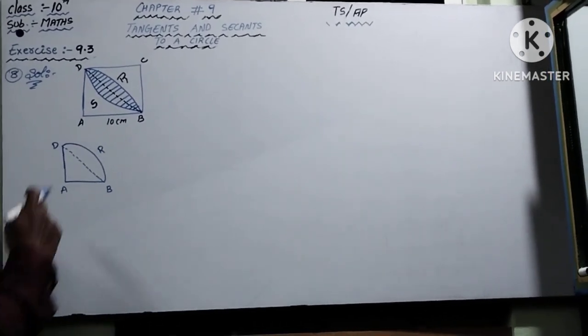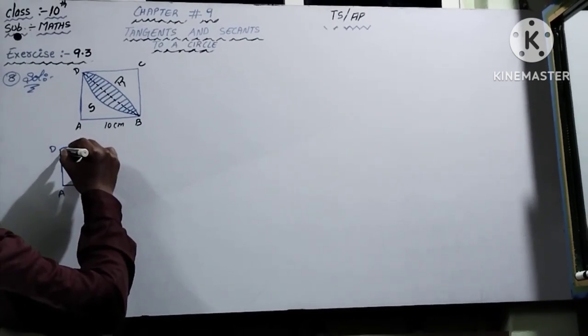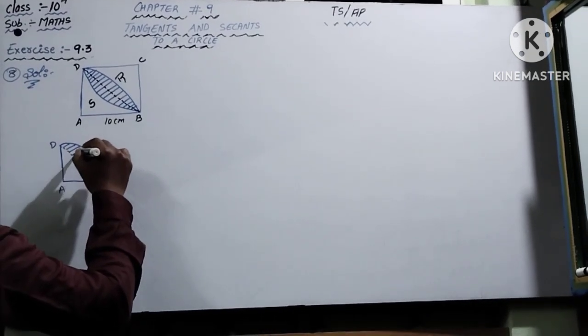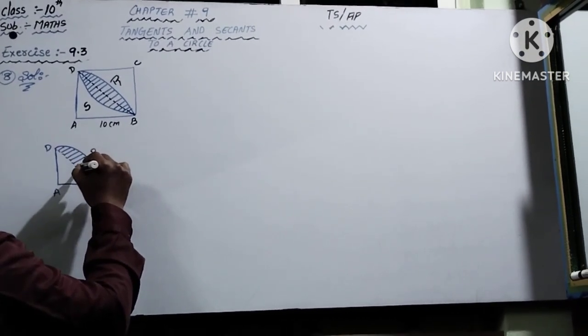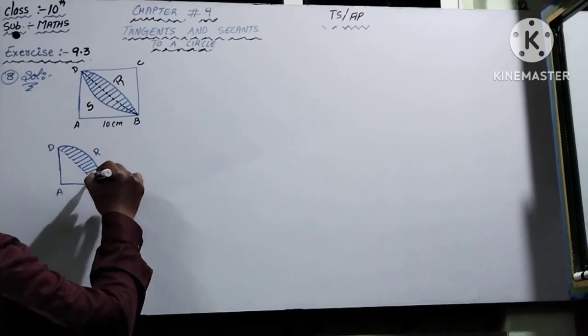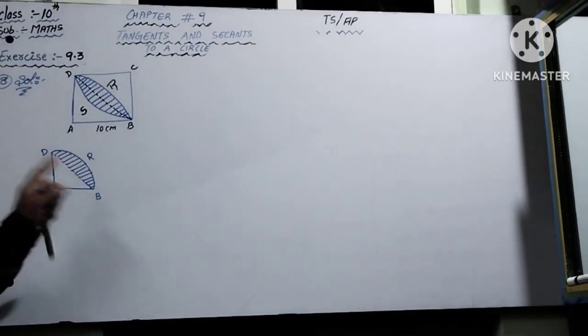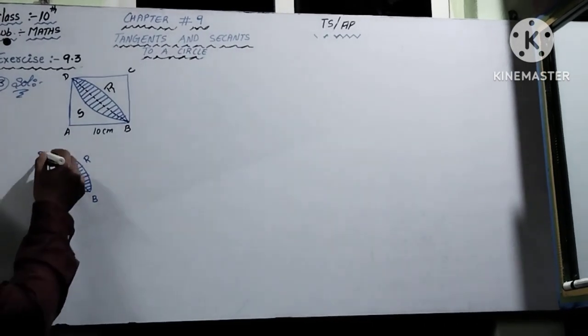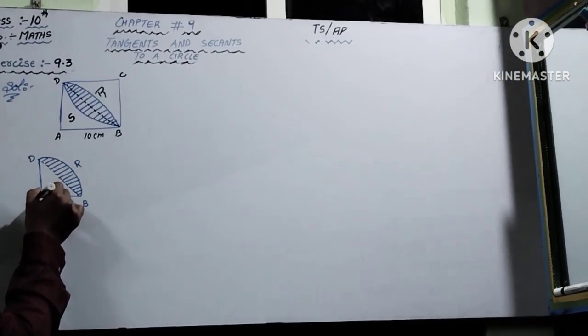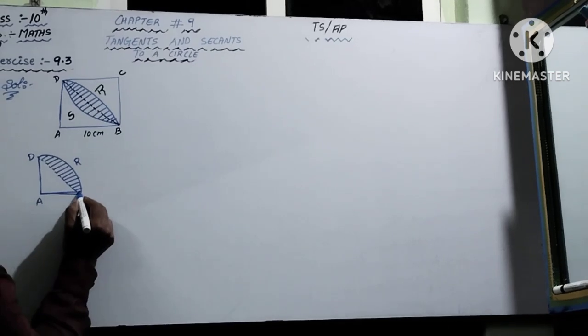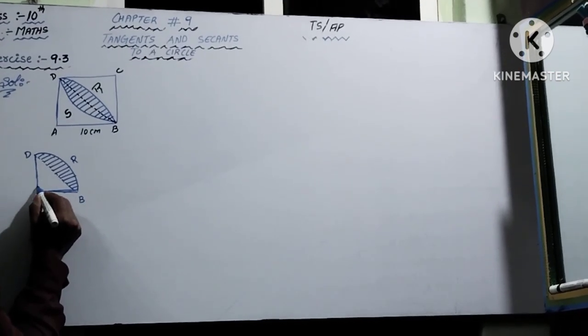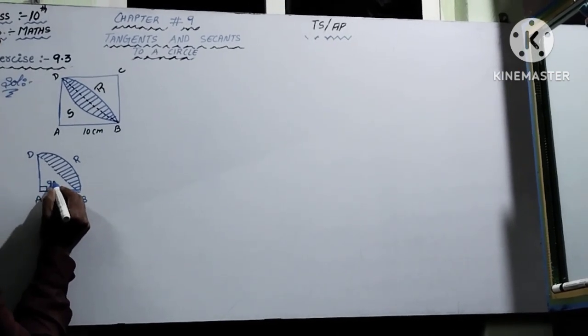Understand? This is the half shaded part. Only half is the shaded part. And this is a perpendicular line. The perpendicular line is equal to how much? 90 degrees.